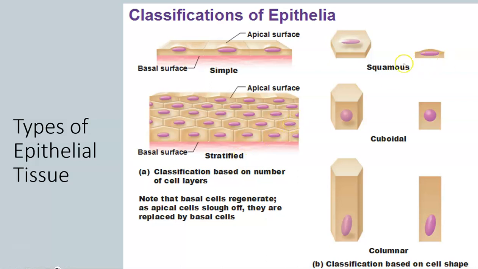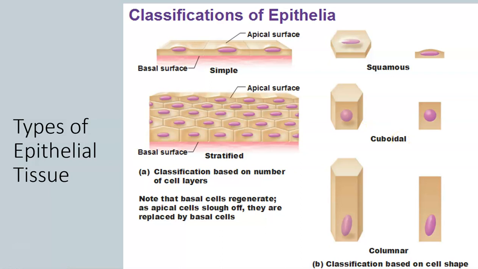Our second is its shape. If it looks kind of flat, it's called squamous. So if it is one cell layer flat, it's going to be called simple squamous. If it's one cell layer and it looks more like a cube, it's going to be called simple cuboidal. That is what I drew a while ago.